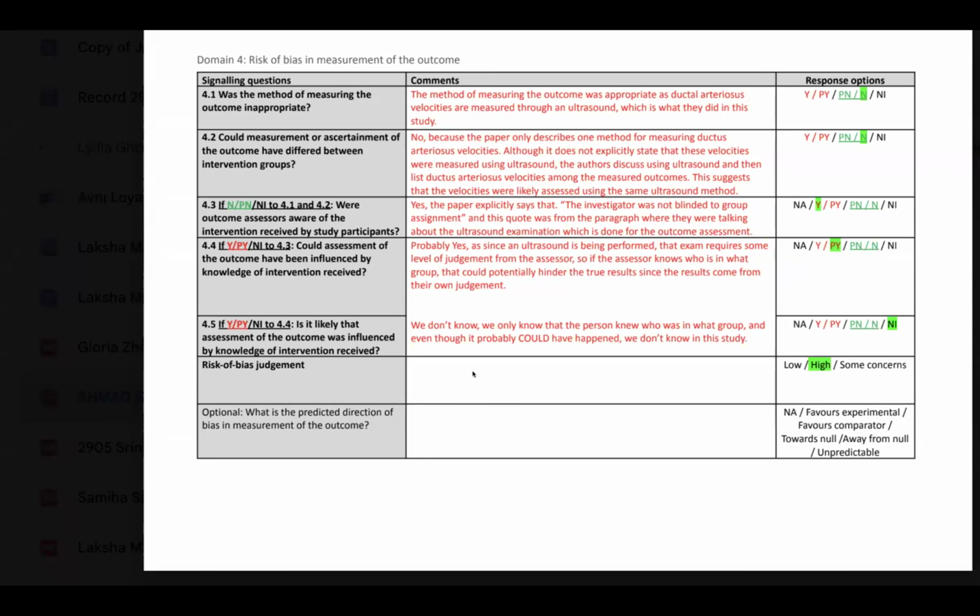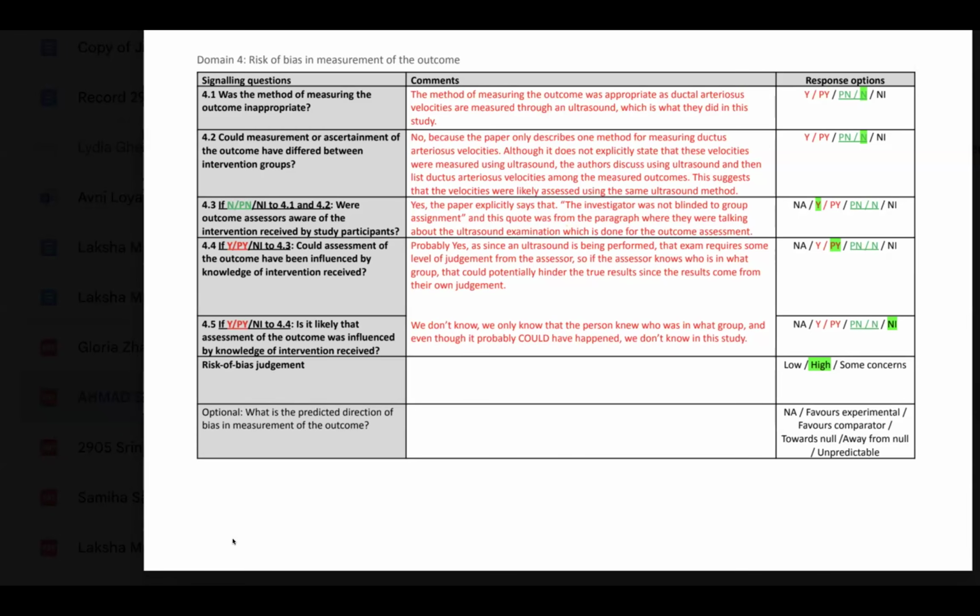Okay, so are we agreeing with probably no or probably yes? I think probably no would be the best answer. Right. I think both have the same weight, so yeah. Agree. Okay. Moving on to 4.5.